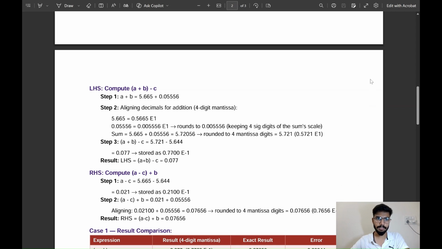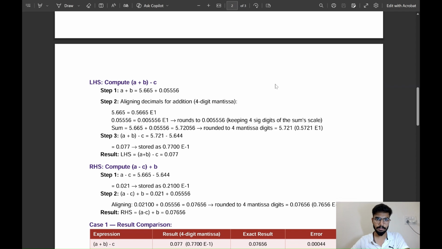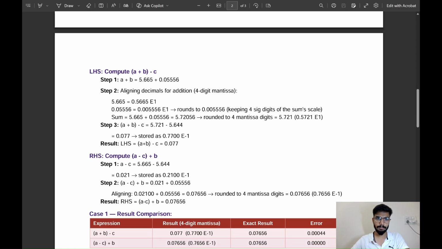Let's start with our LHS part, computing a plus b minus c. Here a plus b is equal to 5.665 plus 0.05556, and our sum is 5.72056. Rounding off to 4 mantissa digits, this is 5.721. Then we subtract c from this, and our final LHS result will be 0.077.